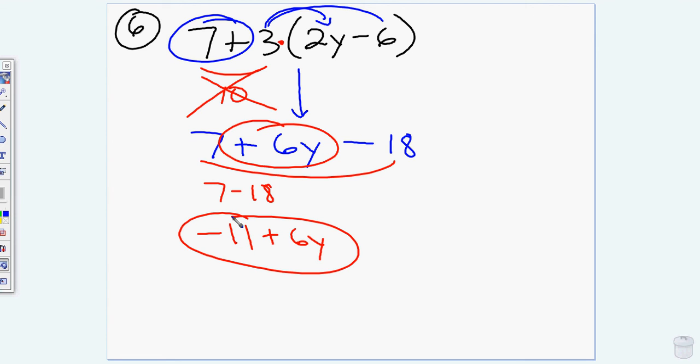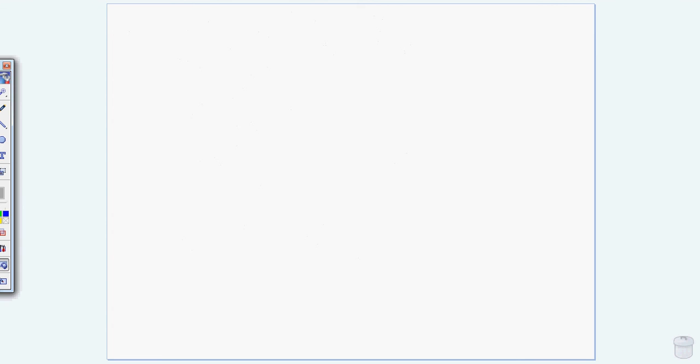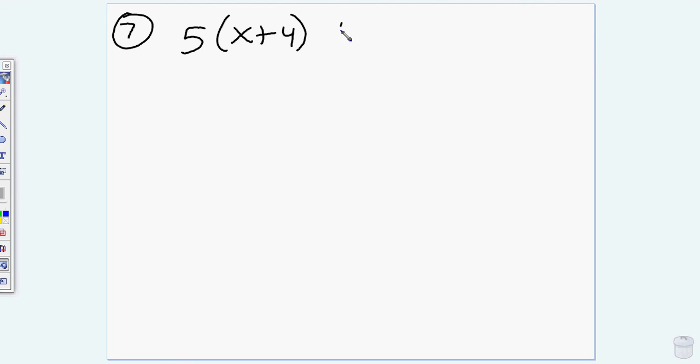Let's do one more. This will be our last problem. Five times x plus 4, plus 6. Well, the 5 is only multiplied by what's in parentheses. It's not multiplied by the 6.